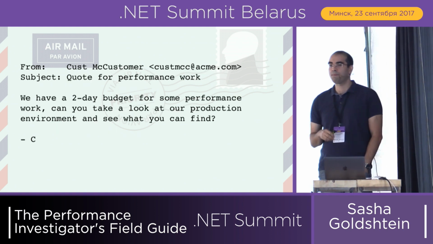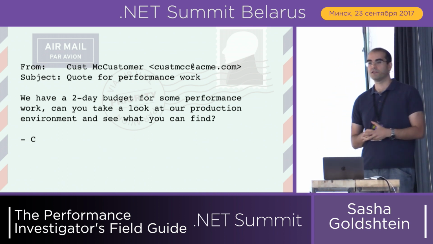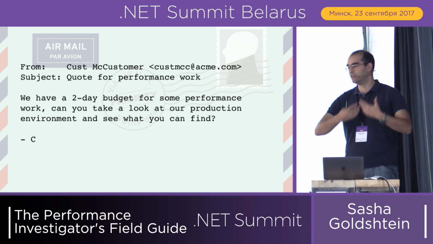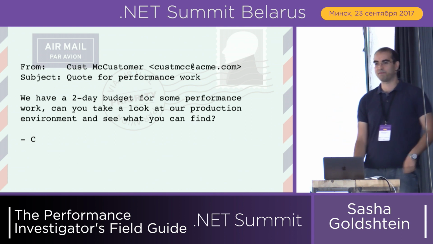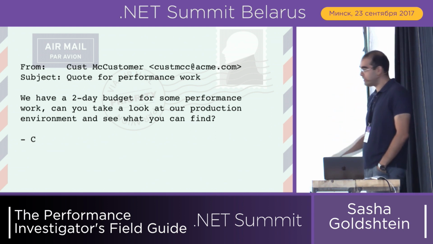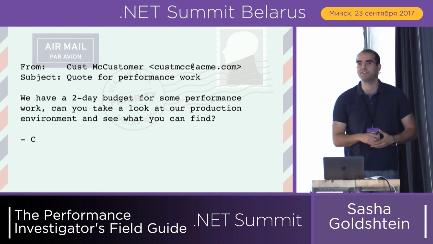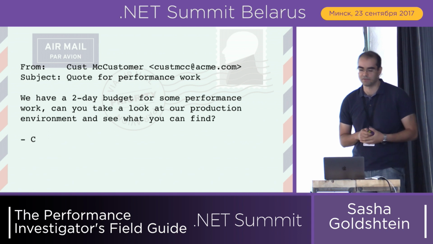Here's another example, which we get a lot as a consulting company. We have a 2-day budget to bring a consultant, look at our system, and solve our performance problems. That also happens sometimes. This is kind of workable because at least they give you a free hand at solving whatever you want, but it's not usually very productive.